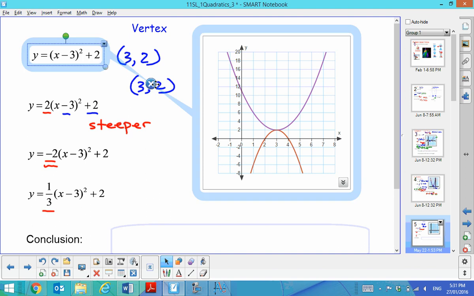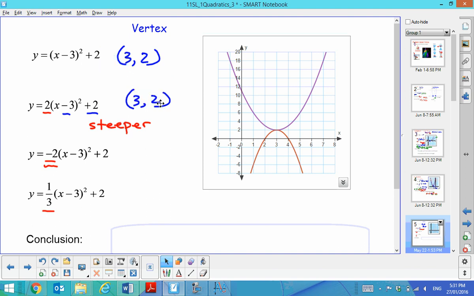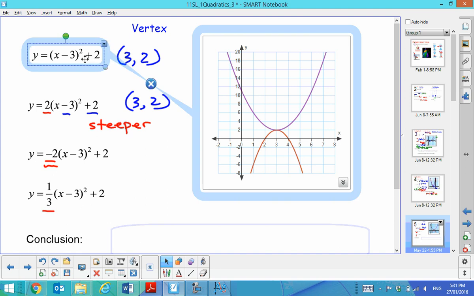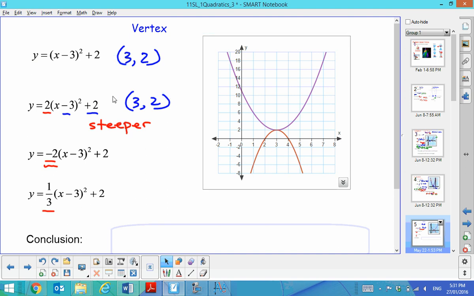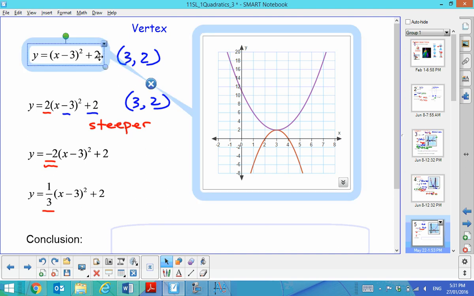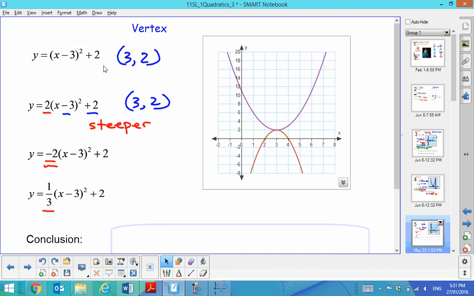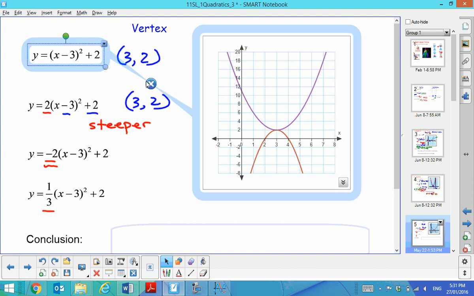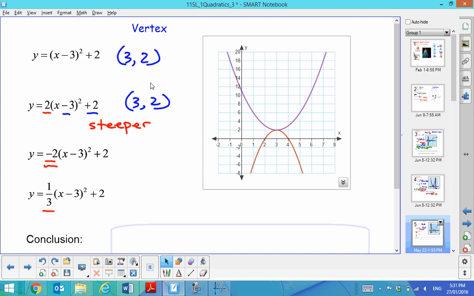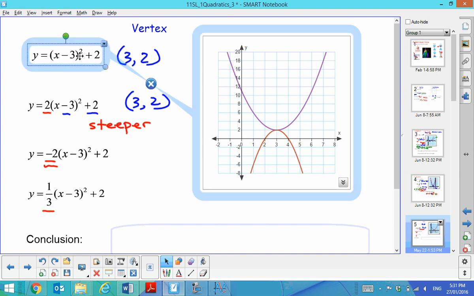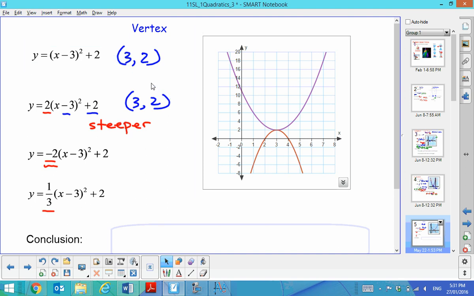So the minus 2, we can see it's steep, and it would be just the same as this one up here, just as steep, but it's now upside down.